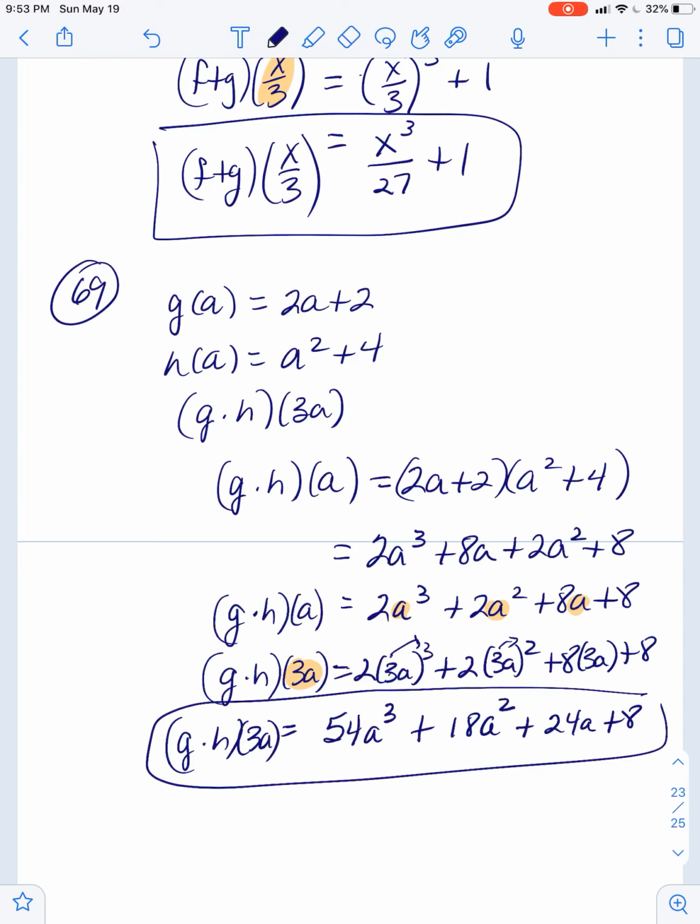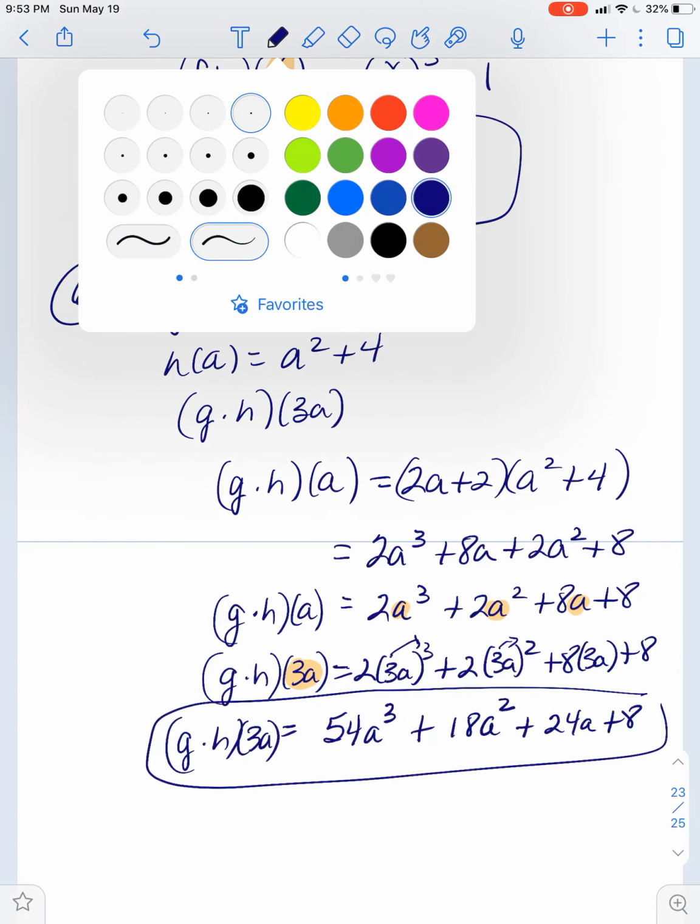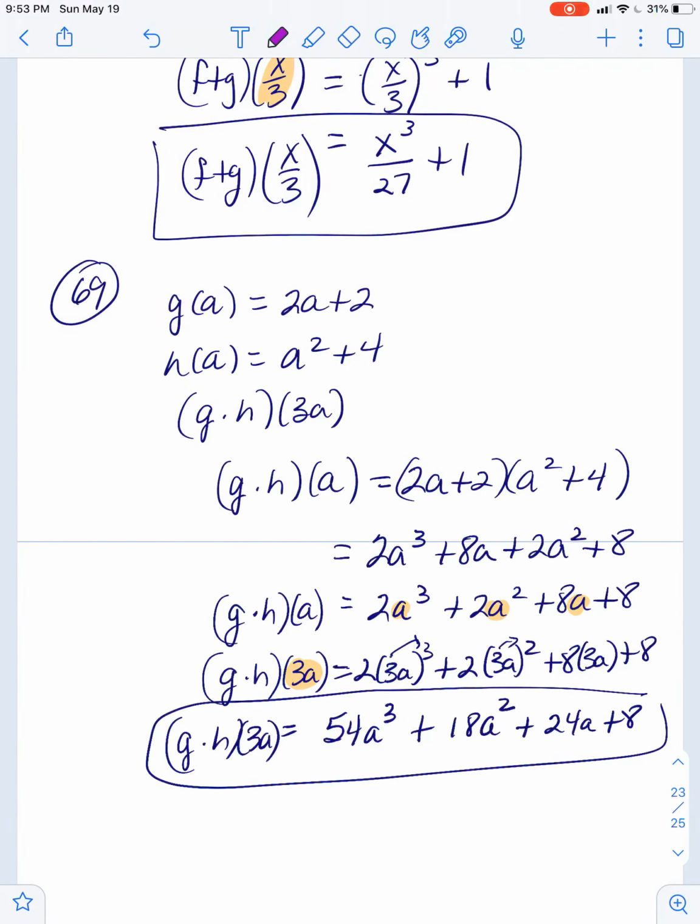Now, if you had wanted to, you could have come up and put 3a right here, in which this was 6a plus 2. I could have put a 3a here, and this would have been 9a squared plus 4, and then FOILed those two.